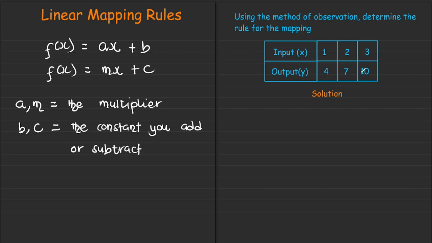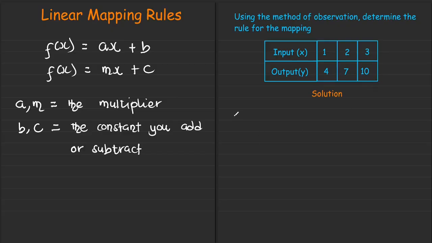Before we can say for sure that it's a linear mapping, we need to determine whether or not there is a constant difference between our output values. By constant difference, I mean we look for the difference between the subsequent values.